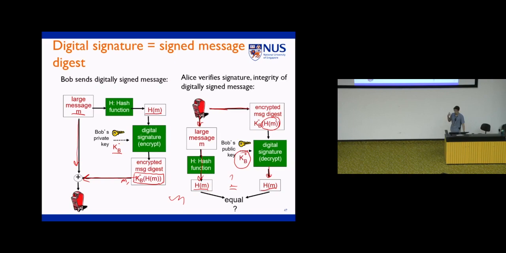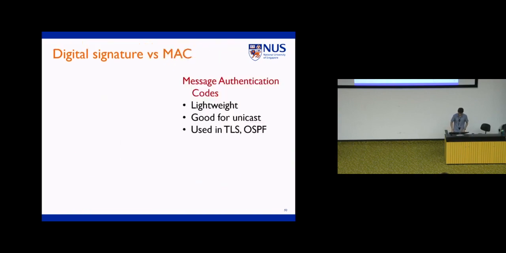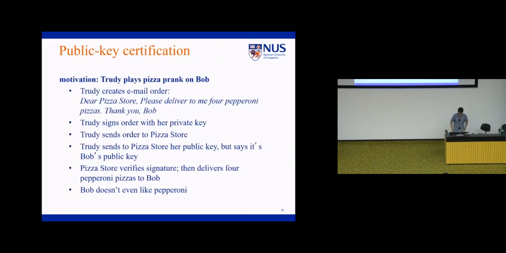But how does your receiver get the public key with message authentication and integrity? In other words, once you send that public key to your receiver, how do you ensure the integrity of that message in the first place? That is still a problem, an issue we need to discuss. And for that purpose, we have public key certification.